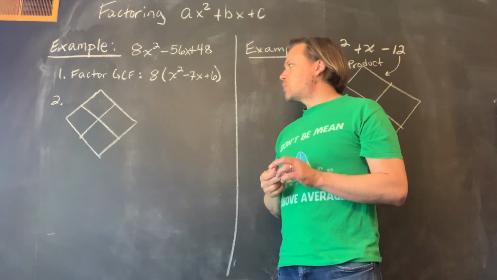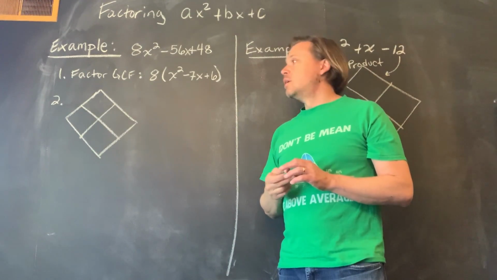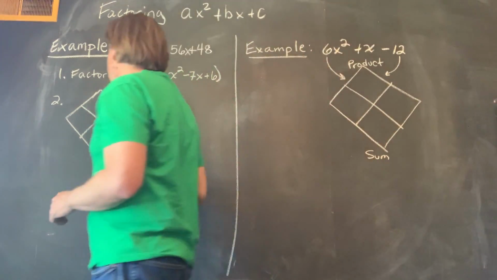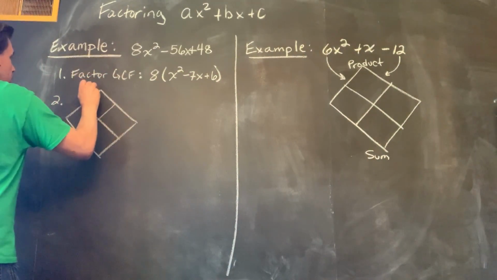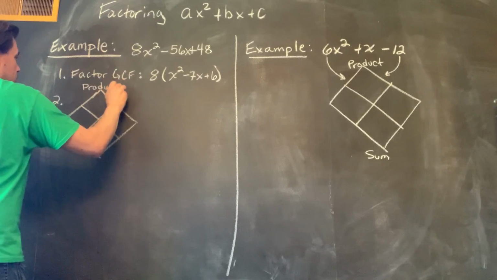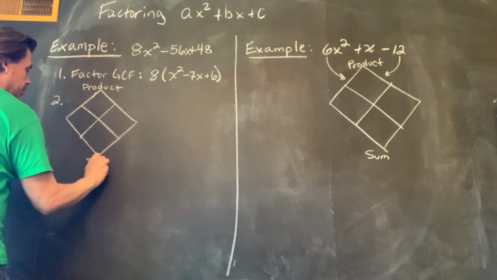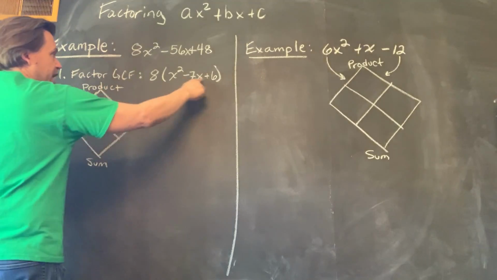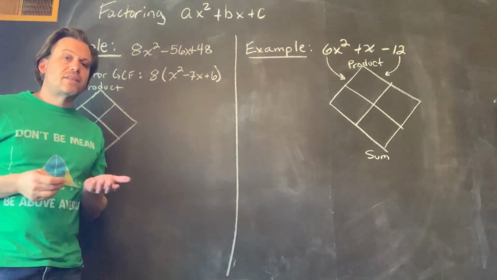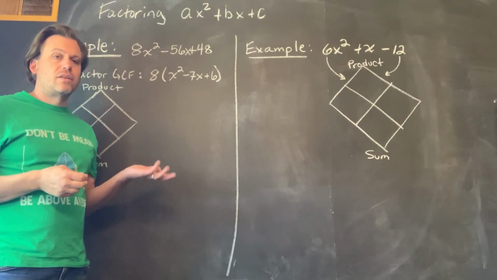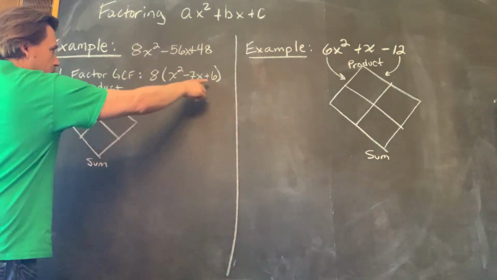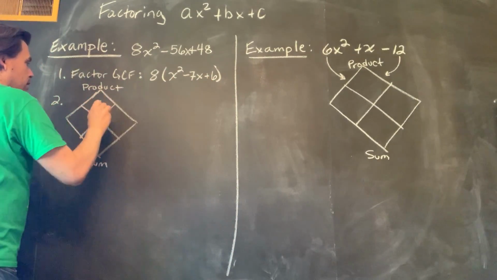Well, to do that, I can make a diamond problem. The top of the diamond is the product. Bottom is the sum. And to factor inside the parentheses, that's like yesterday where you're just factoring with a coefficient equal to 1. So the product is 6.